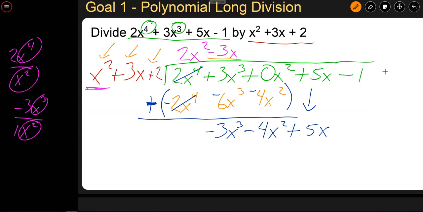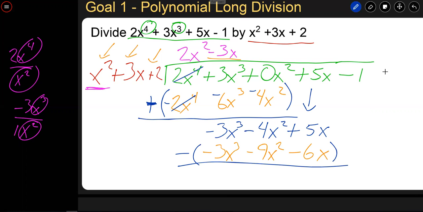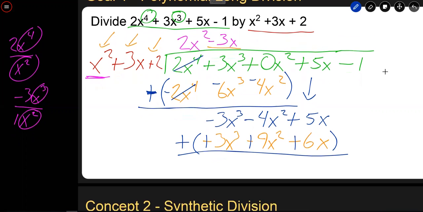Negative 3x times x squared is negative 3x to the third. Negative 3x times positive 3x is negative 9x squared. And negative 3x times positive 2 is negative 6x. Again, I am subtracting that second value. That subtraction sign is going to turn all my negatives on the inside to positives, and then I can turn that into an addition problem.